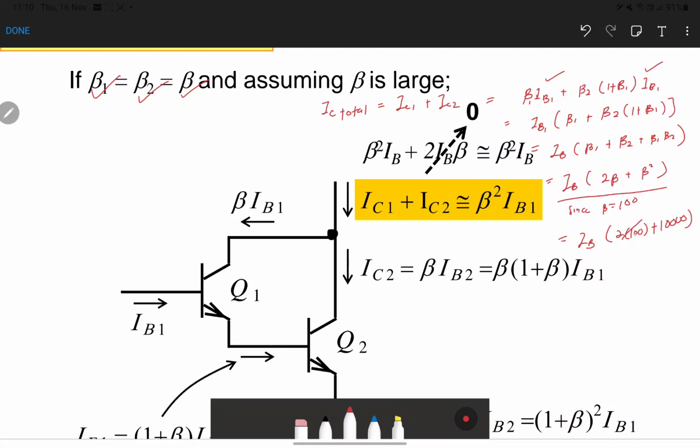The 100 here is too small compared to 10,000, so we can ignore the 2 beta, or 200, here.